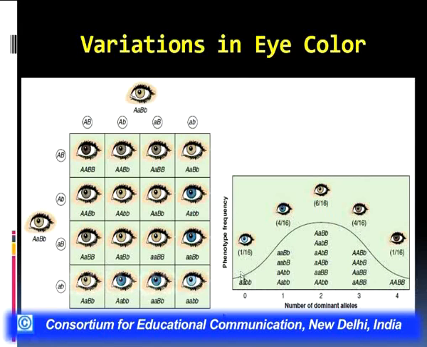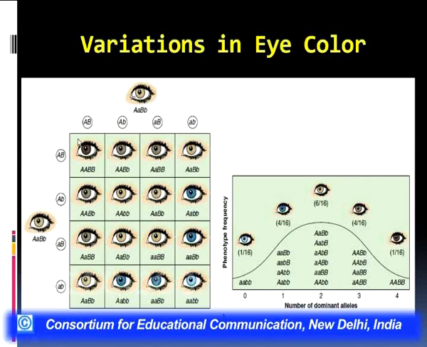Here, 1 by 16 would only be blue eyed, and the maximum would be 6 by 16, and you can see how wide this graph is. The pitch is also important. So, the threshold would be somewhere here, and 1 by 16 is the other extreme.